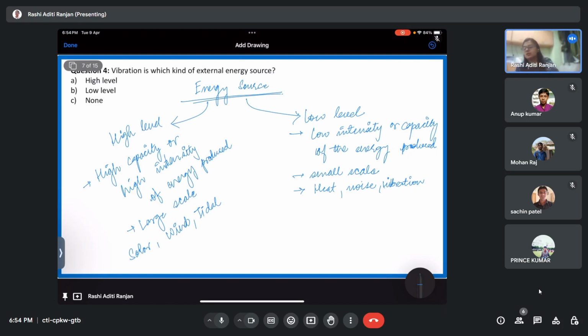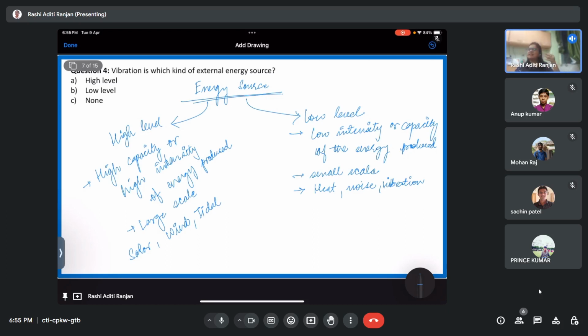Then we'll have vibration. Like when machines operate, many different kinds of machines produce vibration, which is actually excess energy. That is not the work the machine is supposed to do.